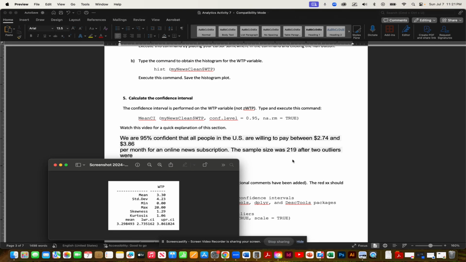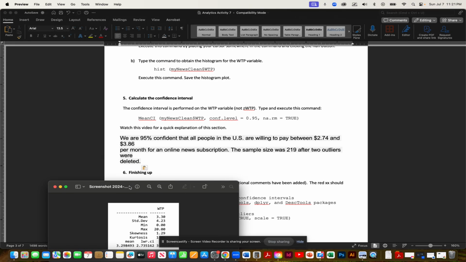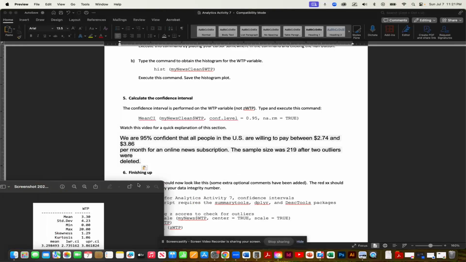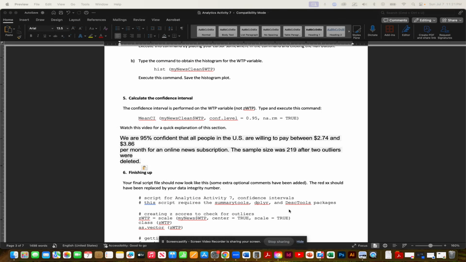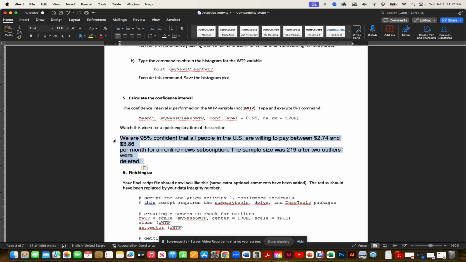The sample size was 219 after two outliers were deleted. So this is how you go about reporting in technical terms what it is that you did and what it is that you found out. So again, this is about inferring something about the population based on the sample.